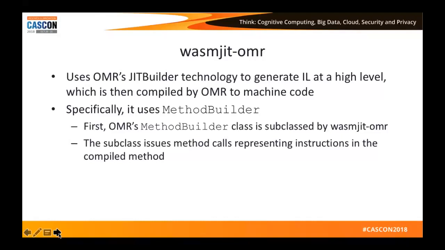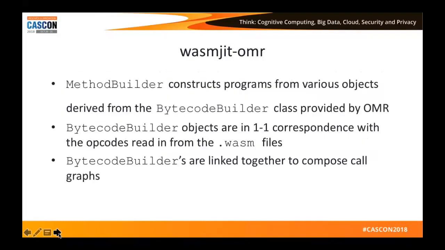So how do you use this? Well, as I said, you subclass the provided method builder class and just begin calling methods from the superclass. As you do that, you're building up the nodes that compose what's called the call graph of the program.